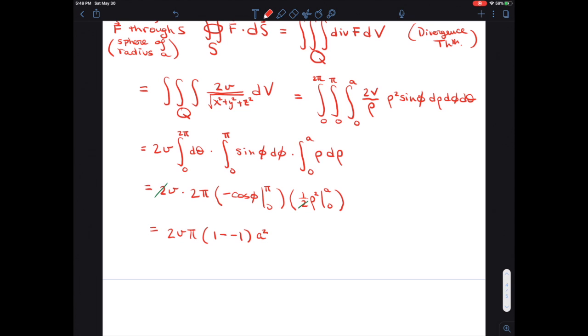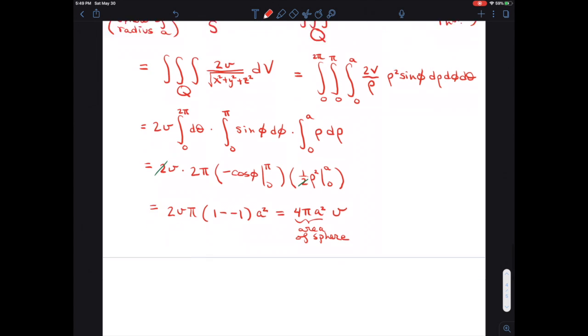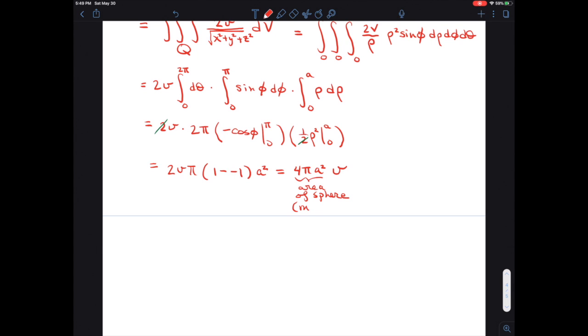And so I want to go ahead and point out that this is 4 pi a squared times v. Okay, and this is the area of the sphere. And an area that would be in meters squared. And then of course v is the speed, and that'll be meters per second.